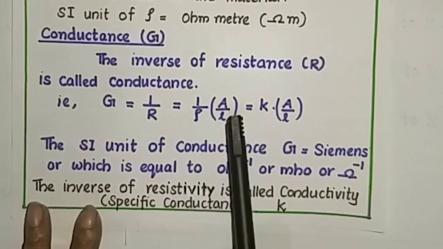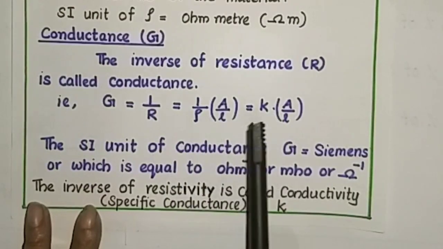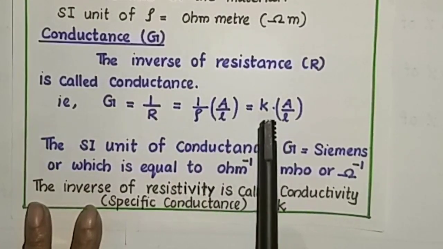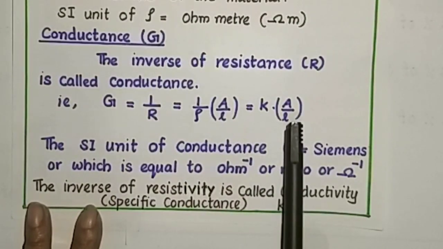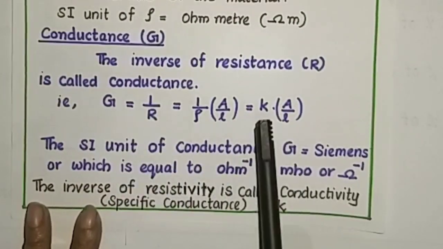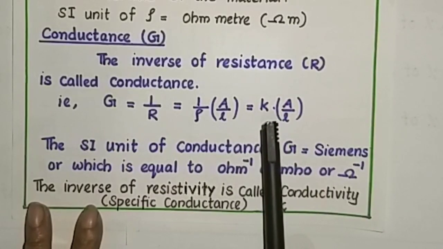Instead of 1 by rho, we write kappa, K. In Greek, this is known as kappa, that is K into A by L. So G is equal to K into A by L, where K is known as the conductivity or specific conductance.